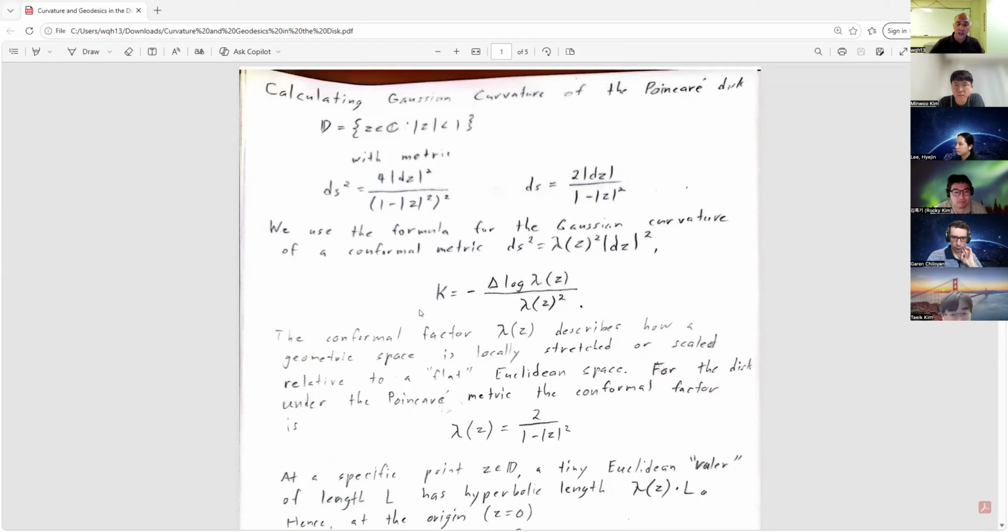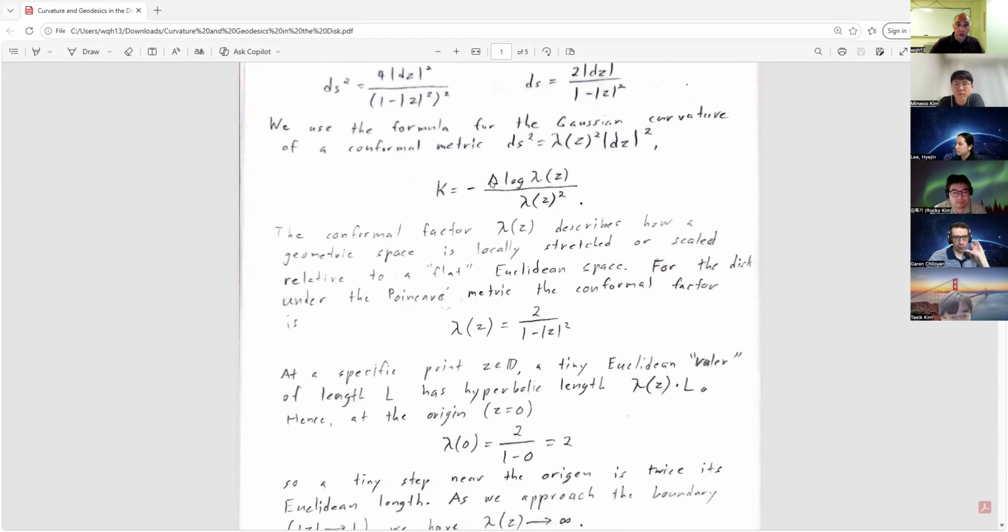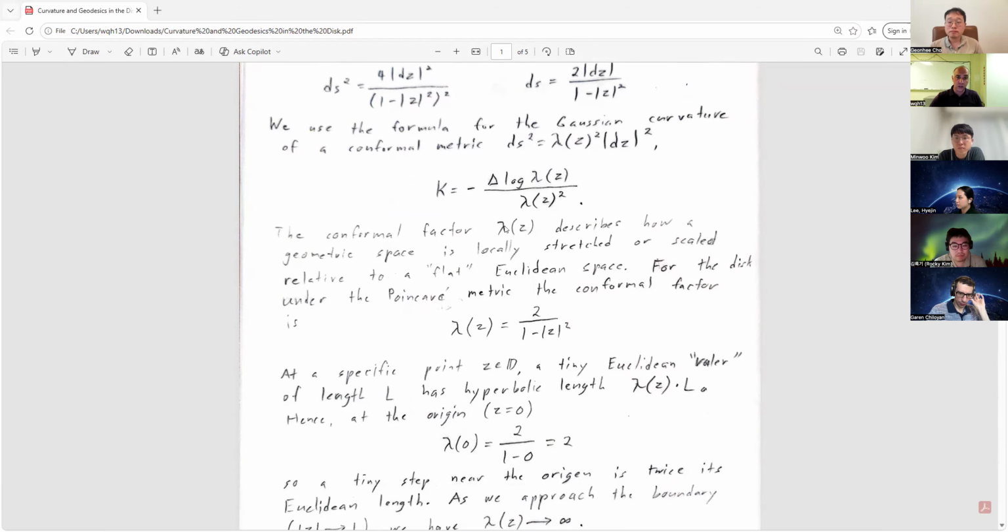So if we're doing just the Euclidean metric, then this lambda z squared here would be just 1. And you can see that this would work out: log of 1 is just going to be 0. We would get a curvature of 0, as we would expect in a flat metric.